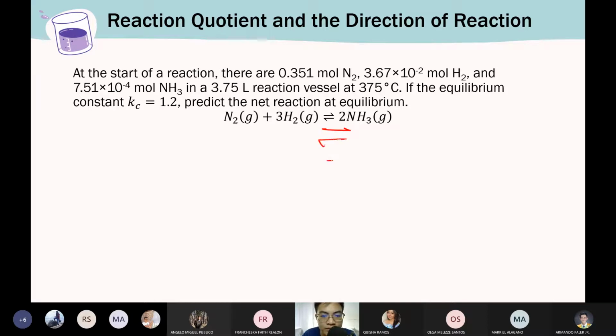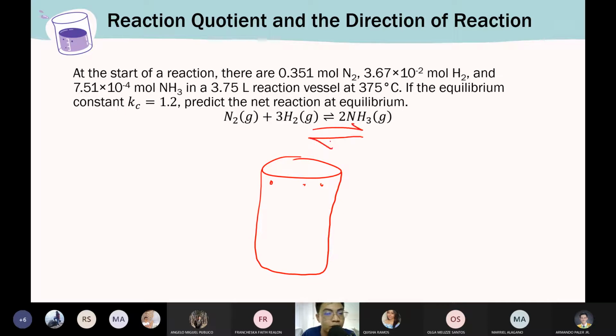Or is it already balanced? Okay? So bali ang ganap, so suppose this is your 3.75 liter vessel, naglagay ka ng gases. Now, you will tell me kung ano yung ginawa nila. Are they going to the right or are they going to the left? Okay? So, which of the sides of the reaction will be more favored, no?